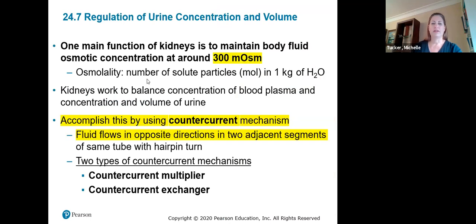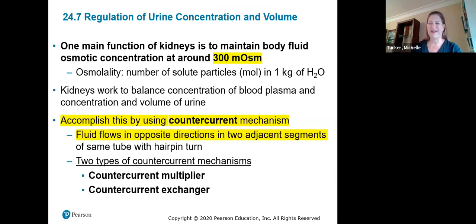One main function of the kidneys is to maintain body fluid osmotic concentration at around 300 milliosmol. Osmolality is the number of solute particles in 1 kilogram of water.